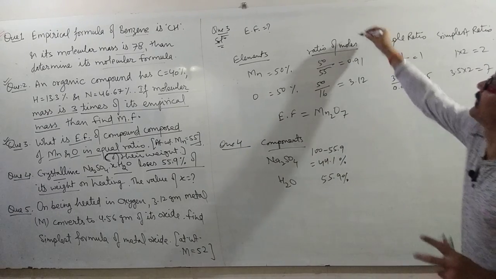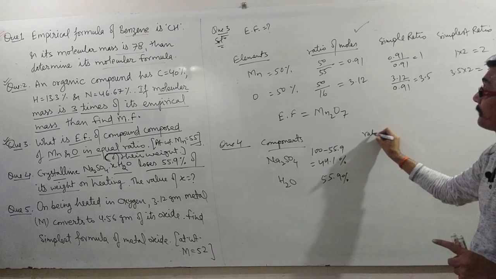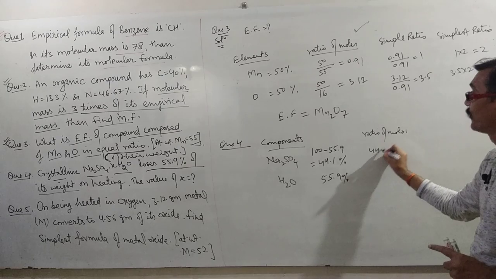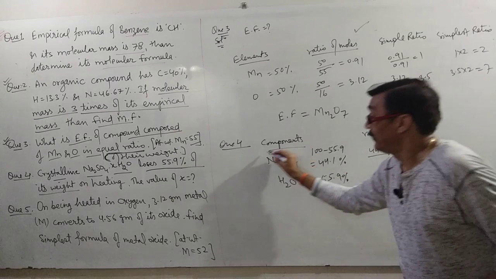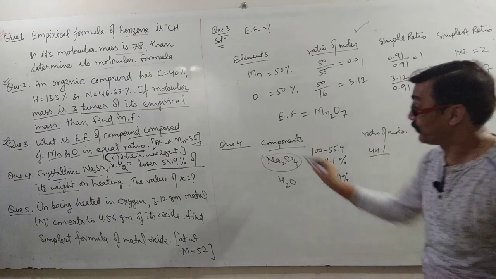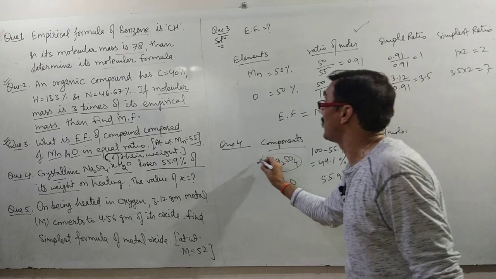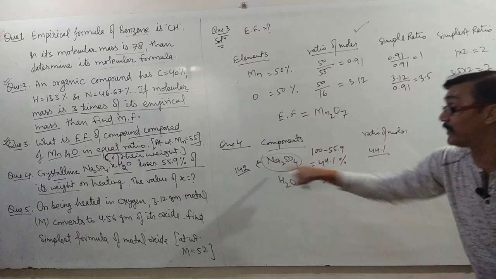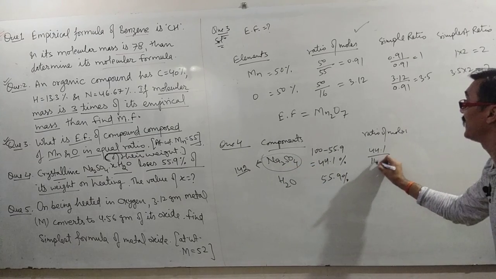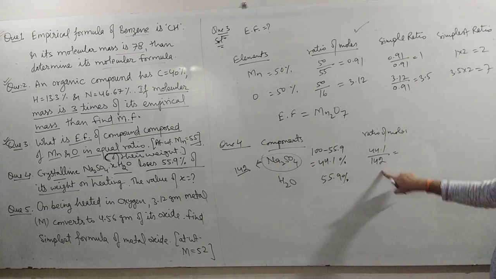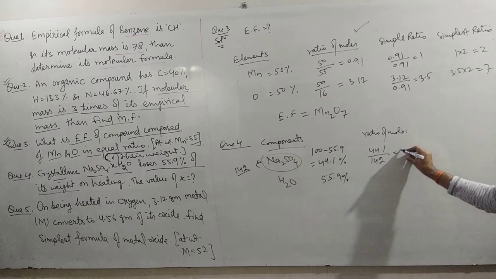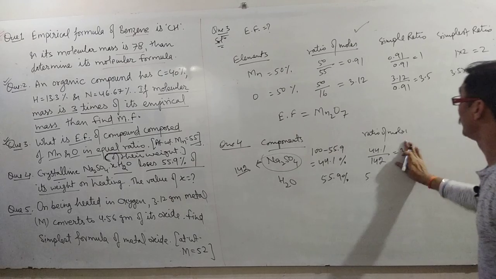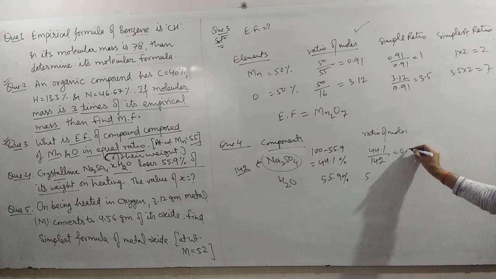Now again the ratio of moles: mass 44.1 divided by the mass of the component. Here the component is the molecule Na2SO4. Its mass is 142, which you can calculate by adding atomic masses of all the elements. Dividing by 142, it is about 0.31.